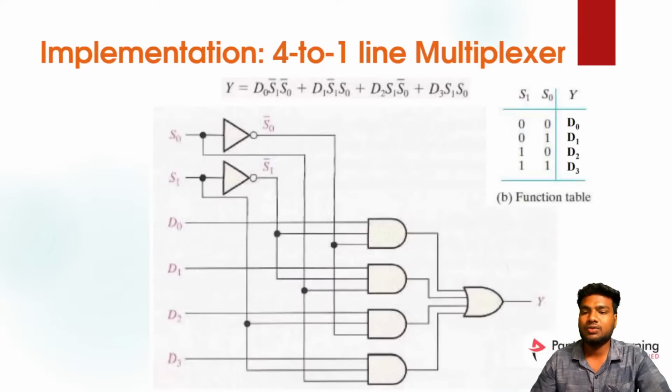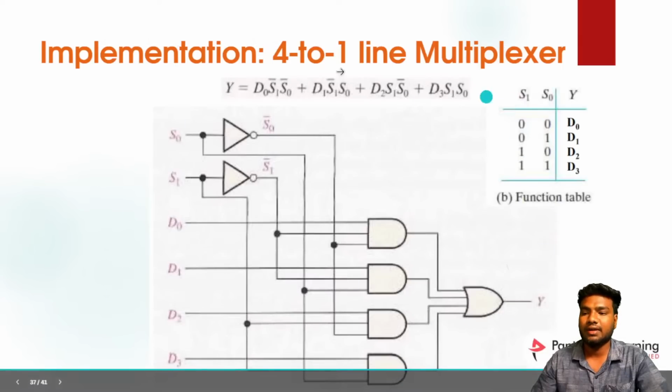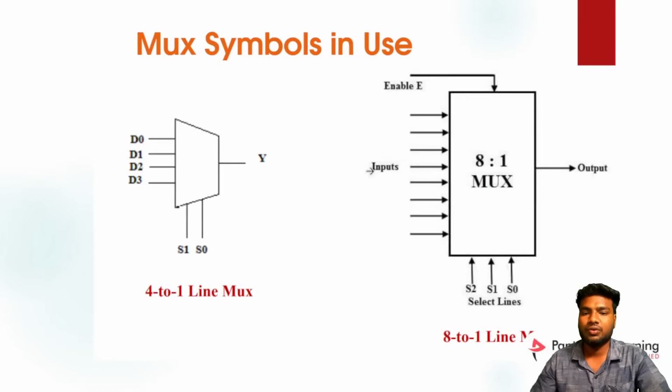So this is a 4x1 multiplexer circuit, it looks like this. We can see two selection lines, 4 inputs, 1 output. It can also be 8x1. We can also use an enable signal for the mux. If you use the enable signal in your code, it is a very good design. Why?